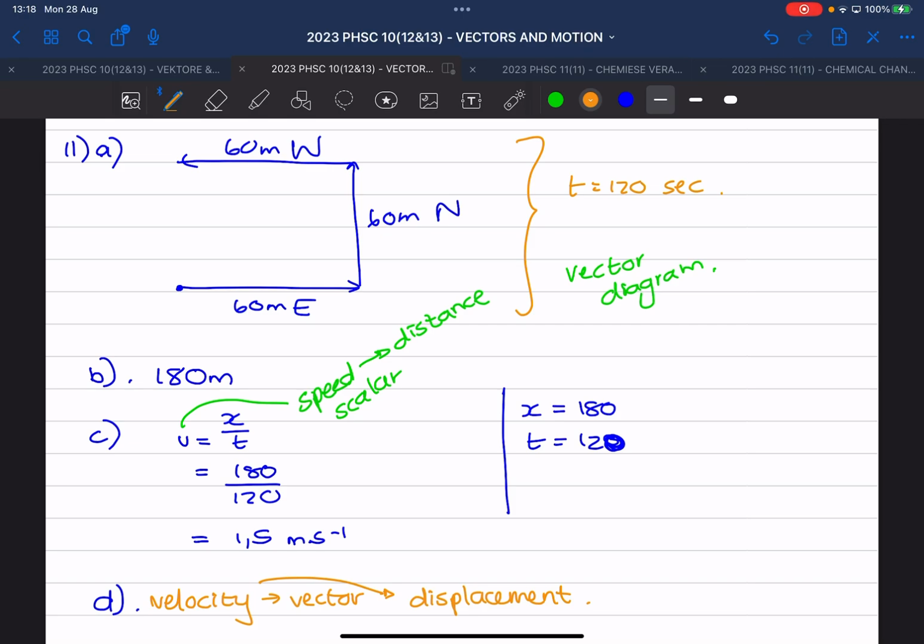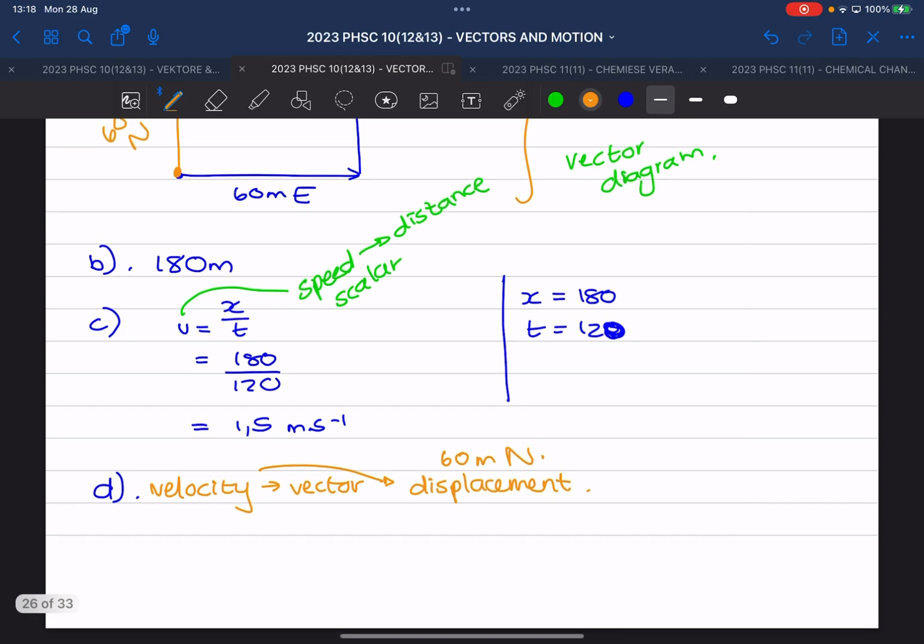Wait, because it's a direct line between your start and your finish. It's 60 meters, but not just 60 meters, 60 meters north. Okay? So his displacement is 60 meters north. Now we're going to go get his velocity.